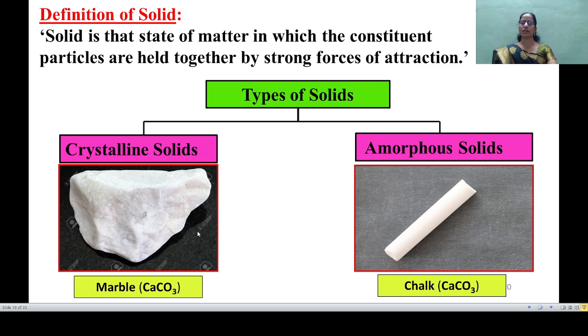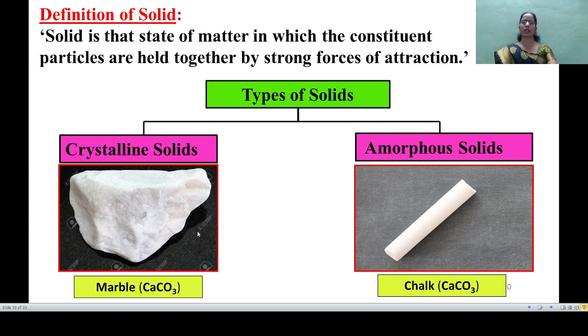Here, the answer is that marble is a crystalline solid while chalk is an amorphous solid. In marble and chalk, the arrangement of constituent particles is different. So now we will study the arrangement of constituent particles in both these types of solids.